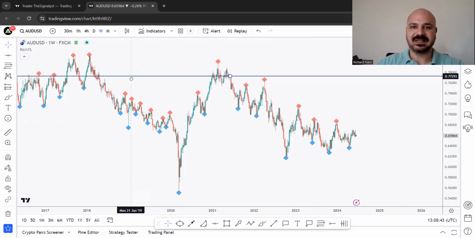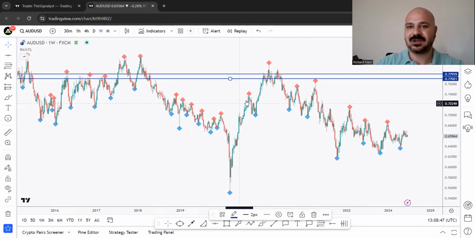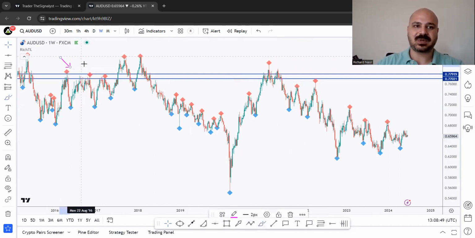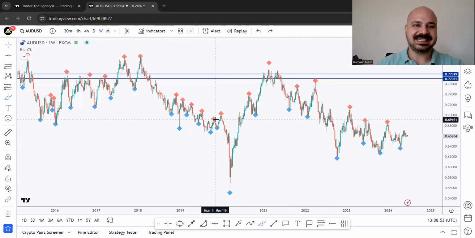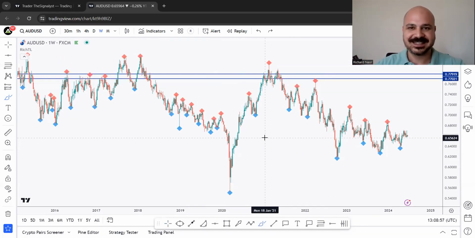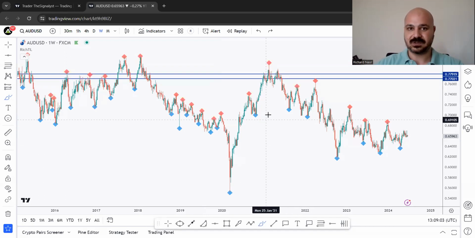We also have one there, multiple rejections from this entire zone. Of course, it's a zone and not a level, so price might undershoot it or overshoot it a little bit. So don't take action solely on support and resistance. You know what to do, right? Wait for a rejection, wait for a confirmation around it before you confirm this reversal.